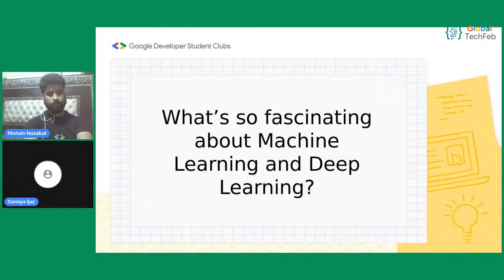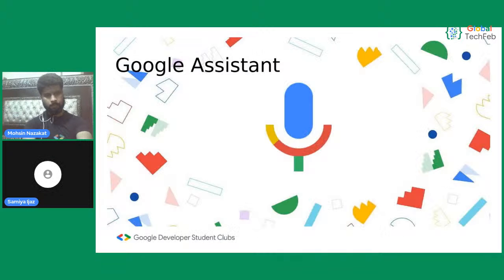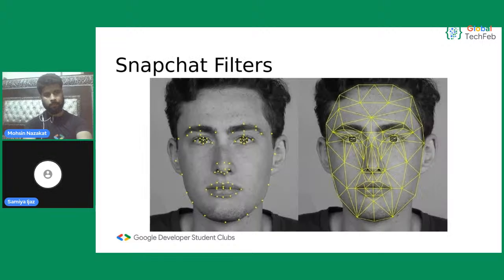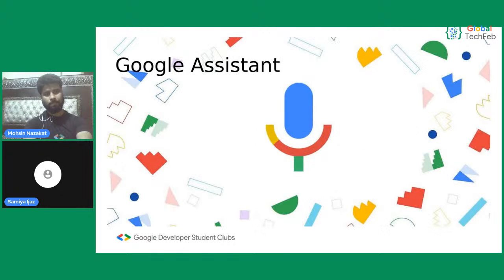We have been using some common apps in our daily lives, like Google Assistant, self-driving cars, Snapchat filters, and recommendation systems. So let's discuss Google Assistant first. Google Assistant is actually an intelligent tool searching on our voice commands, and it also engages us in two-way communication.